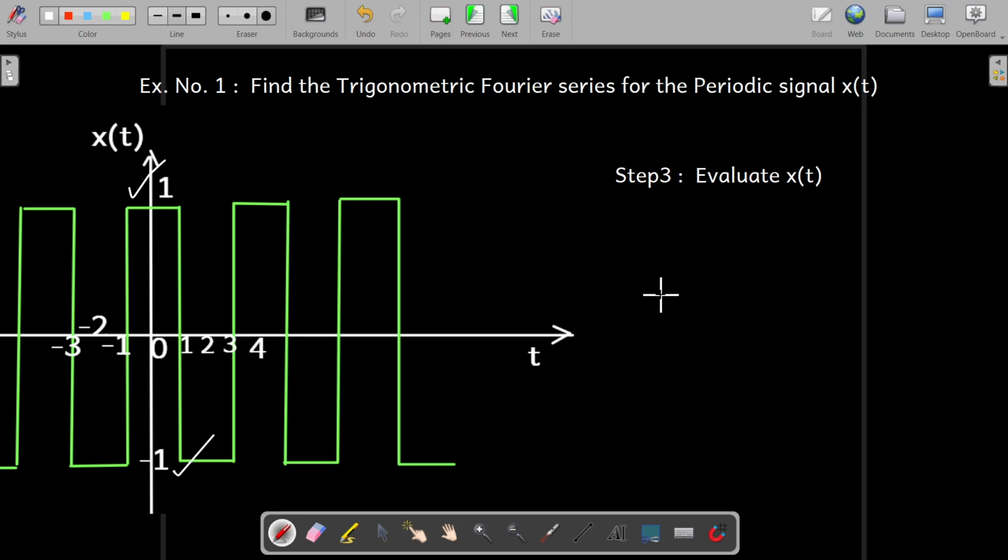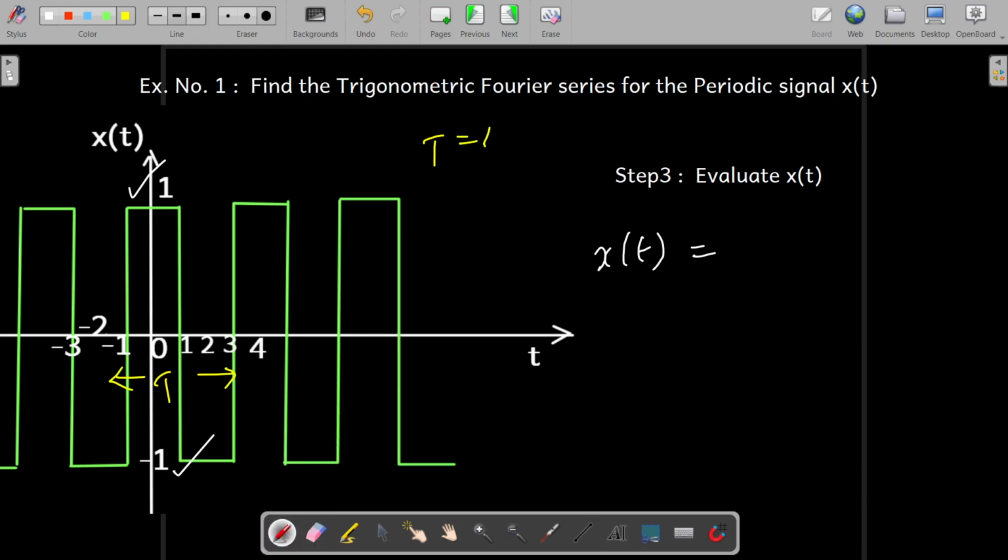So x of t is equal to 1 within the period that we have taken. We have marked this period for our evaluation as T, varying from -1. So the time period is 4.